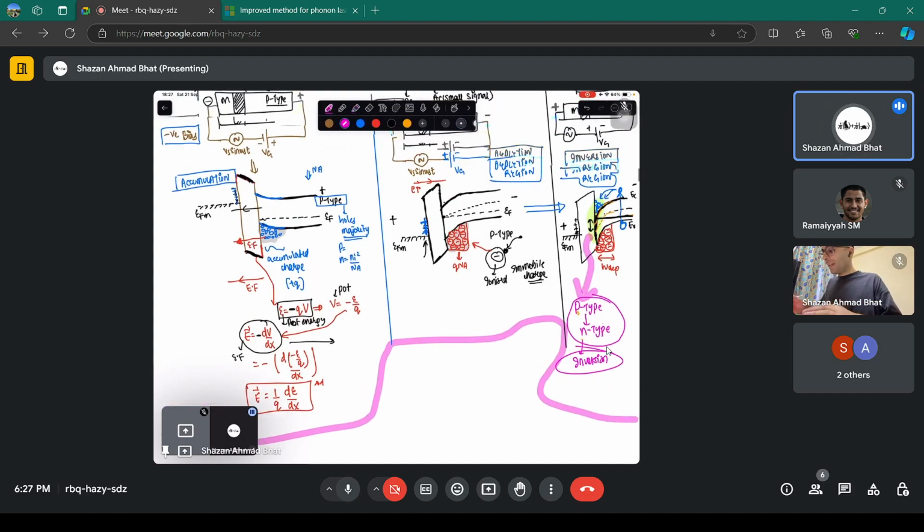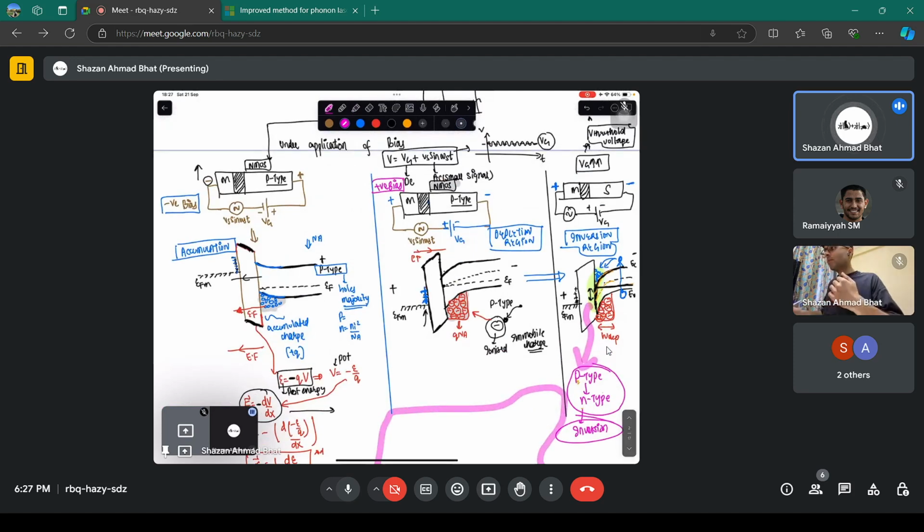And whatever happens in the p-type, the same thing happens for the n-type, but in the opposite direction. Let's say this was p-type here, this was p-type here, this is also p-type. If you had, let's say, an n-type here, then you have to apply positive on the metal, negative on the semiconductor side to induce the accumulation.